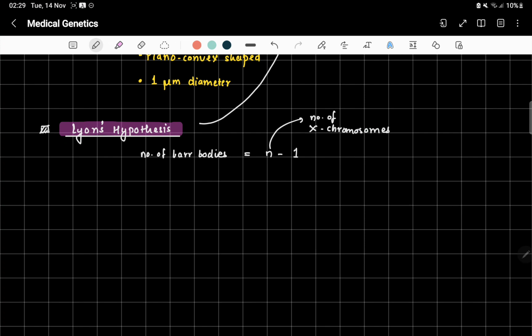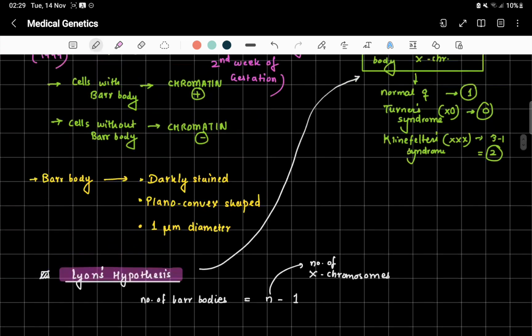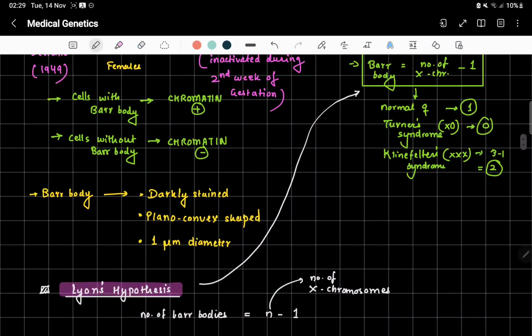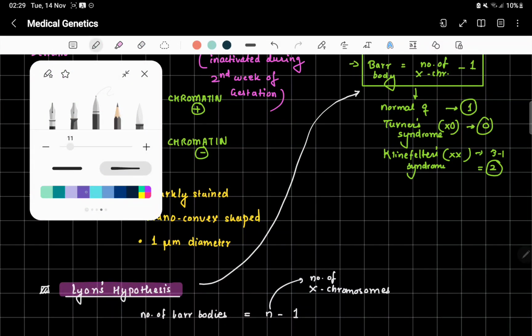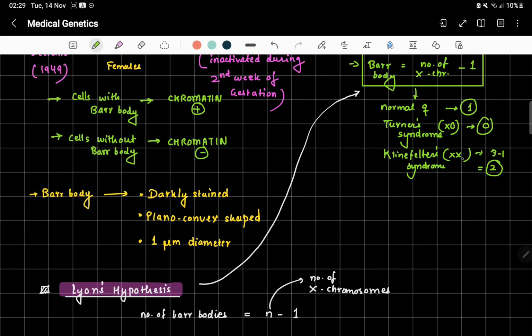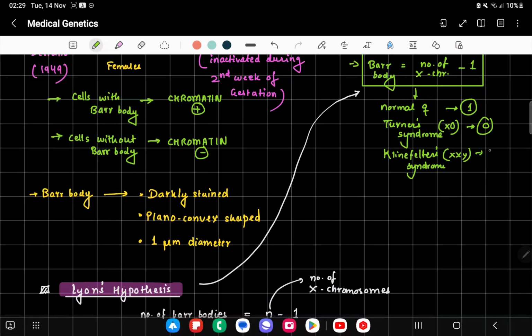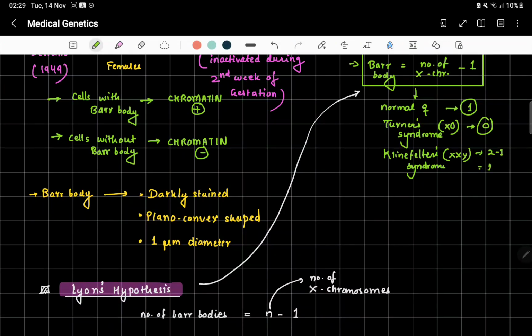Understood? So in Klinefelter's syndrome we have 1 Barr body. Here I made a mistake earlier, I got confused between Klinefelter and multi-X female. It is XXY, so 2 minus 1, that is 1 Barr body.